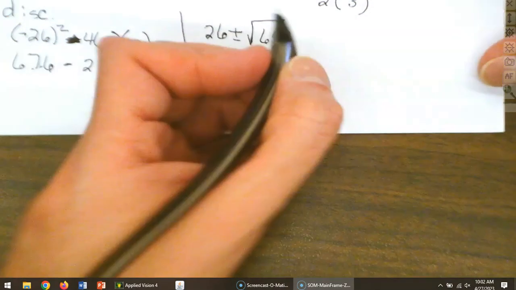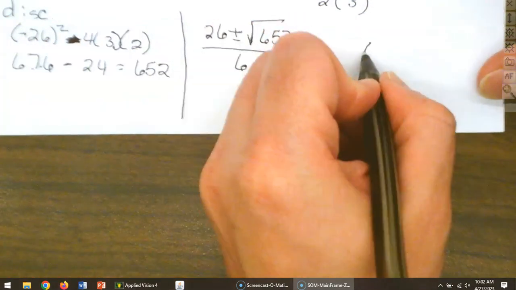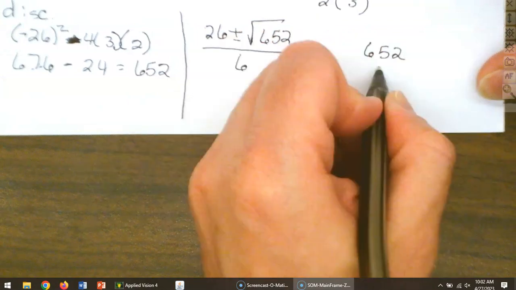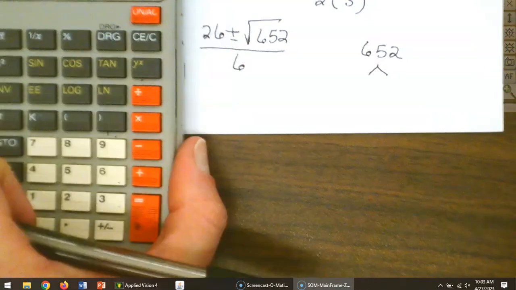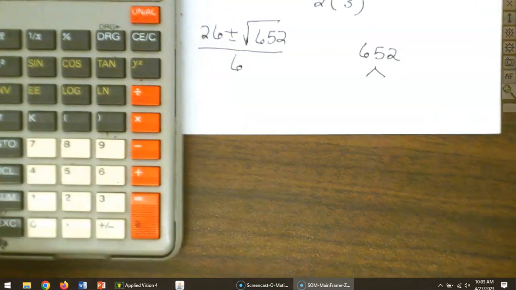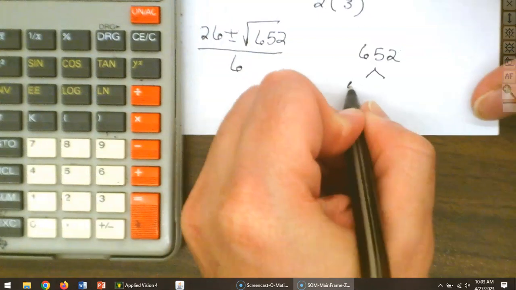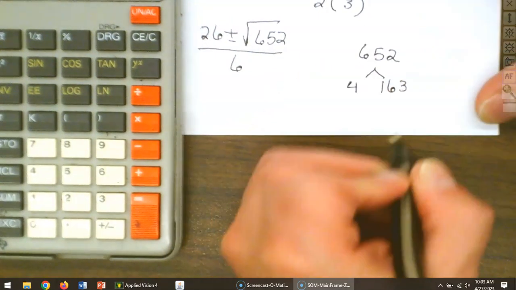So how is 652 going to break down? Well, 652, we know it's an even number. Now, we could start with 2, but let's start with 4 because 4 is a perfect square. So let's see if 4 will go in here. And it does. So now we got 4 and 163.